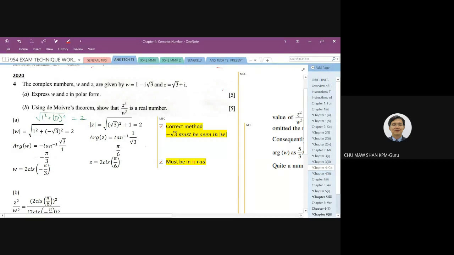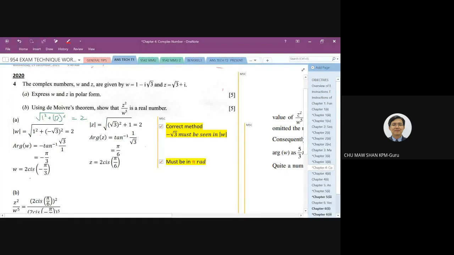Kan? Kalkulator lama tak boleh bagi. Dia akan bagi apa? What is that? 0.866 something kan? If you are using the new calculator, then you have no problem so I just want to tell you.